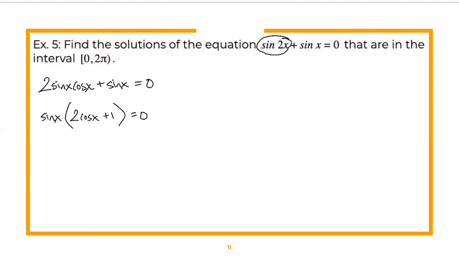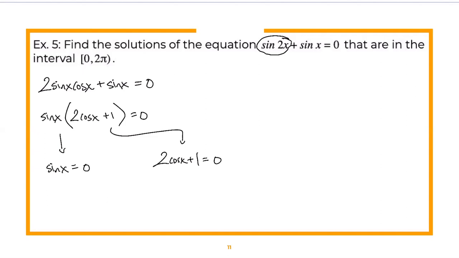I can say that one equation is going to be sine x equals 0, and the other equation will be 2 cosine x plus 1 equals 0. Okay, this is going to be a common theme as we solve equations, that we're looking to get common factors out. We're looking to use the identities so that we can get these common factors, and then ultimately we're going to be setting them equal to 0.